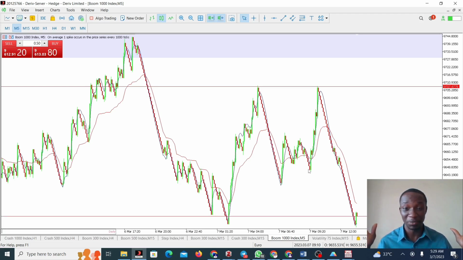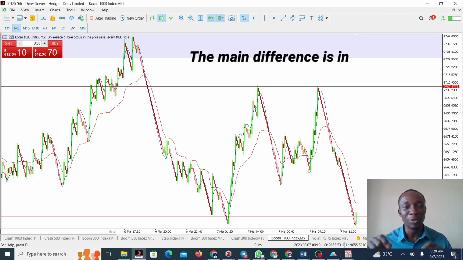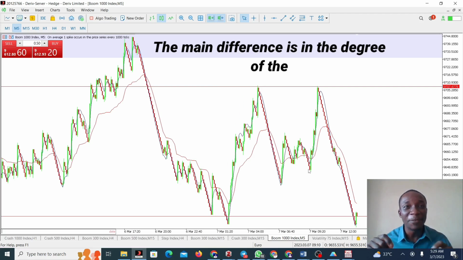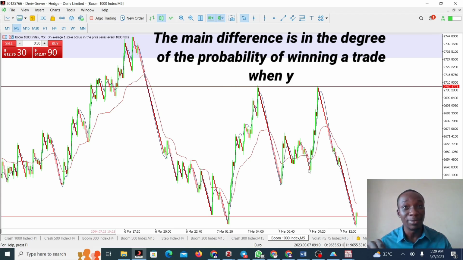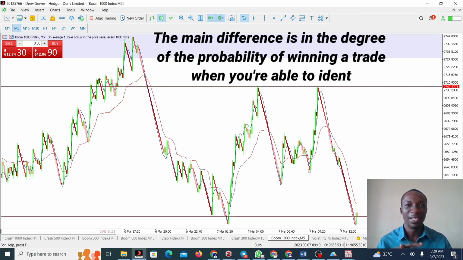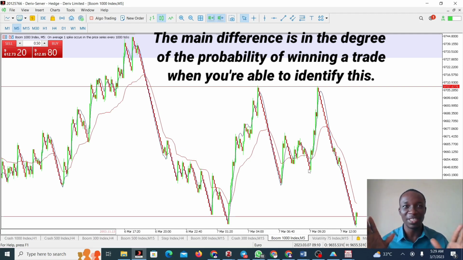It's just clear, no much difference, but if you're able to spot this, you should also be able to know if a particular double top is valid or tradable, or vice versa. Now, the difference is just very simple.